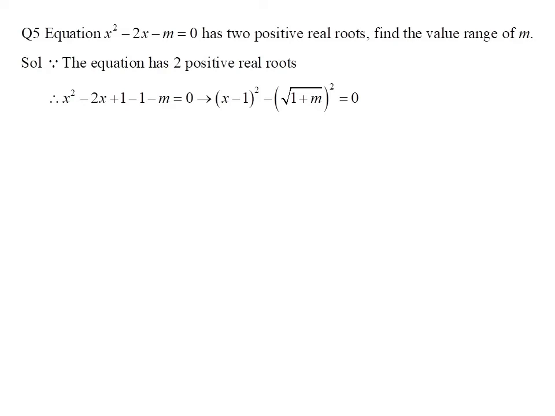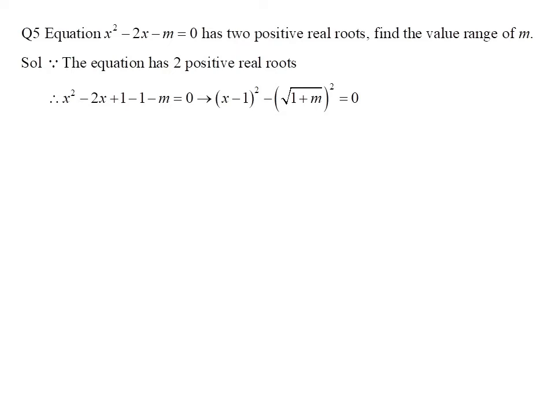There are two approaches to achieve this. One is to use the quadratic formula method, and the other is to use the completing square method. Here we just use the completing square method to find the roots in terms of m. However, you may try the quadratic formula method yourself and see if you are comfortable with it.